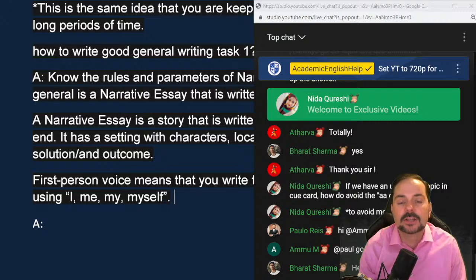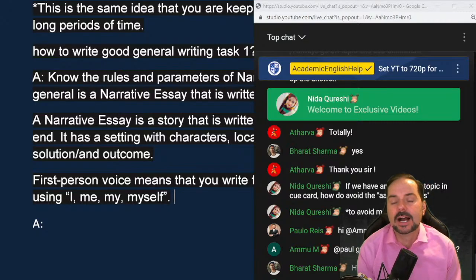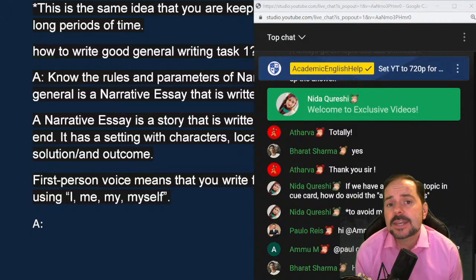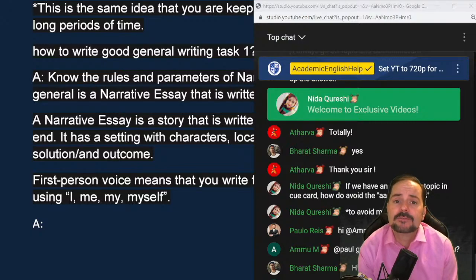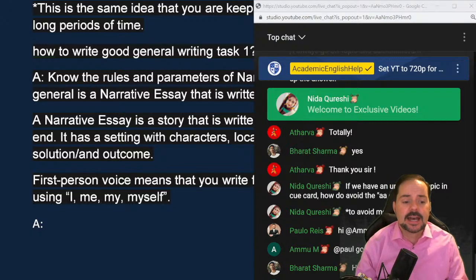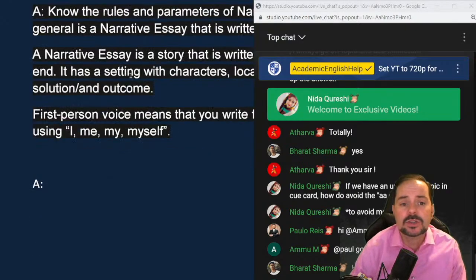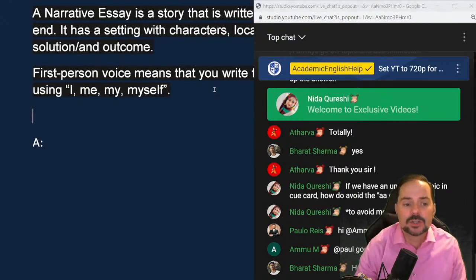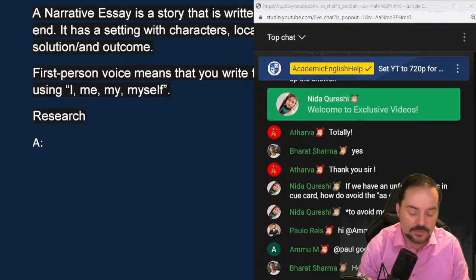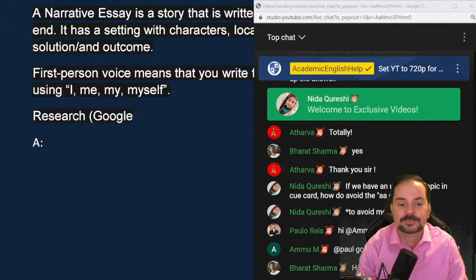So you're telling the story from your position in most general IELTS Task 1 essays. So you have to understand this. If you don't understand narrative writing or first person voice, then you have to research that. And of course when we say research, we often say Google, right? Good narrative writing.